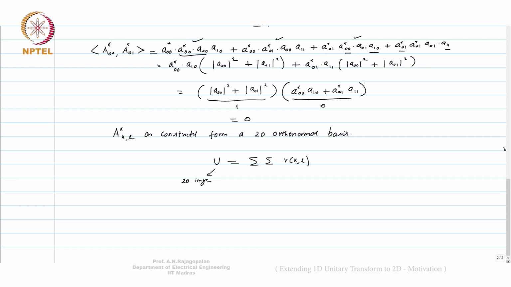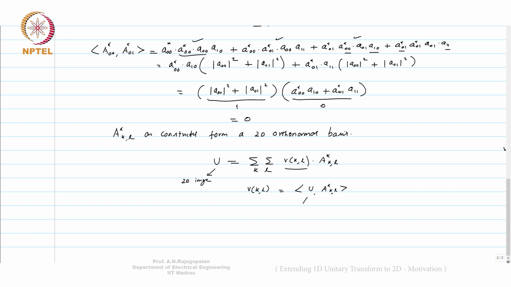There is a larger framework under which they all fit in, but then I thought I'll go kind of step by step. So, VKL into A star KL, where this K and L will go over the size of whatever. V will have the same size as U, okay? And this VKLs can again be found as inner product of U with A star KL.